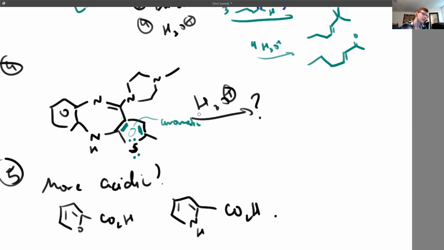So that part's off limits. Okay. So maybe that double bond that's in between the two nitrogens. Yeah, that's a good place to look.